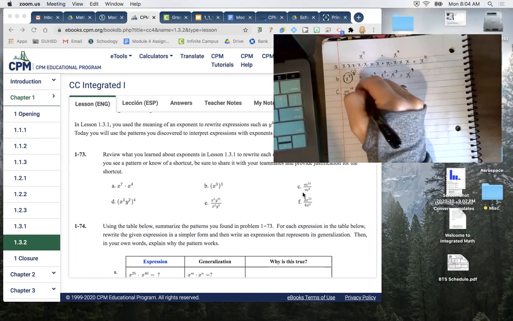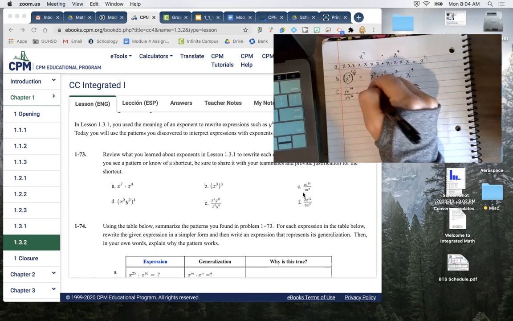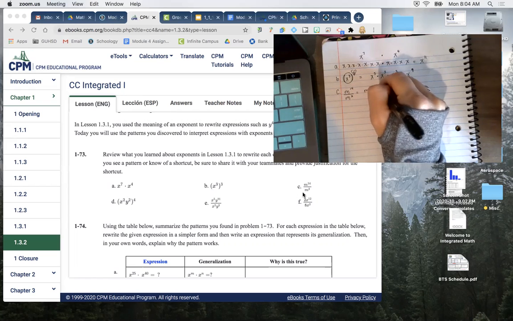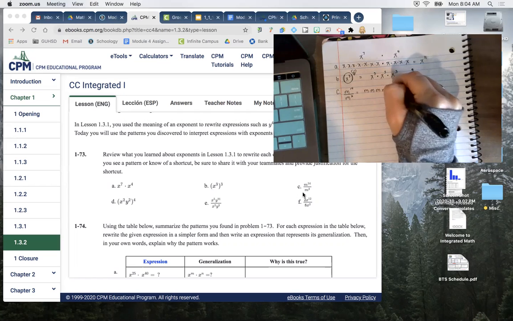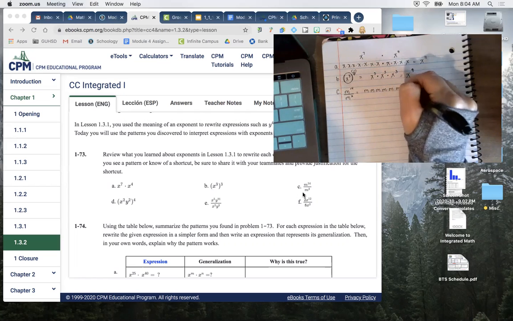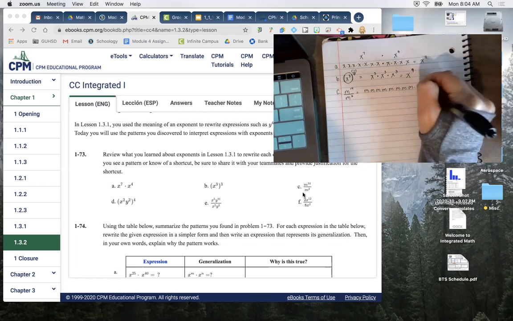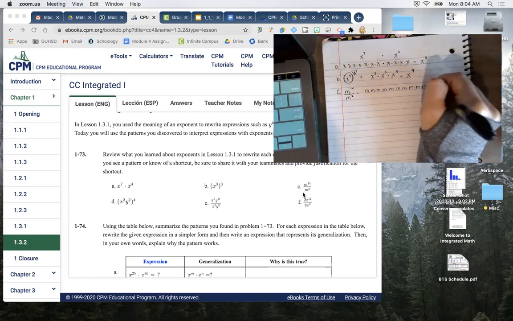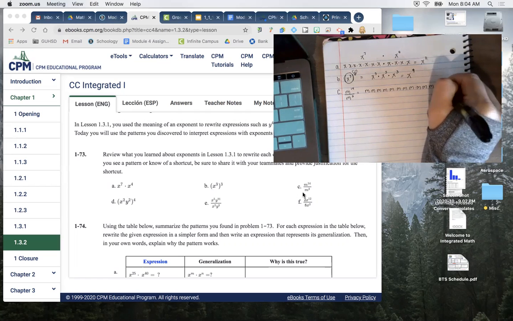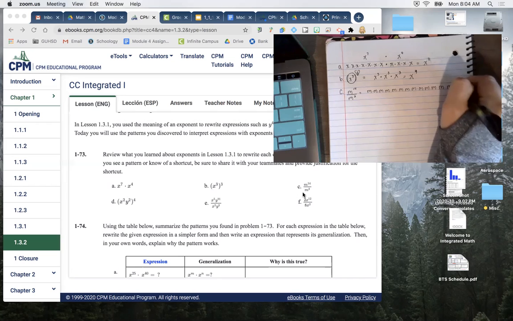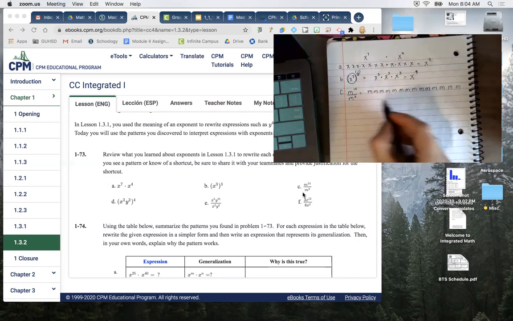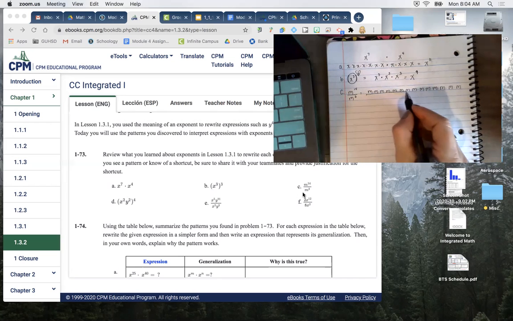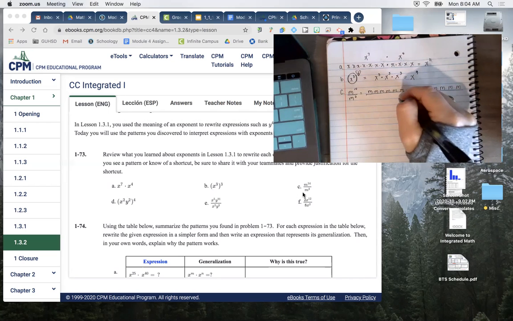Well, if I expand that out, I would have m, 1, 2, 3, 4, 5, 6, 7, 8, 9, 10, 11, 12, 13, and 14. I know that this is a little bit ridiculous, but I want you guys to see how this rule is going to work for us.